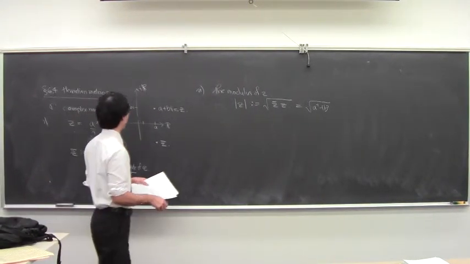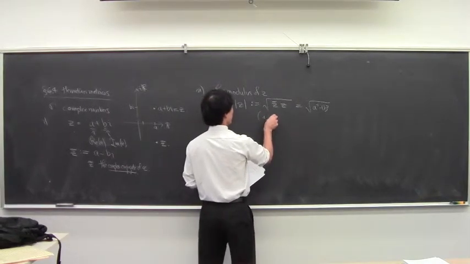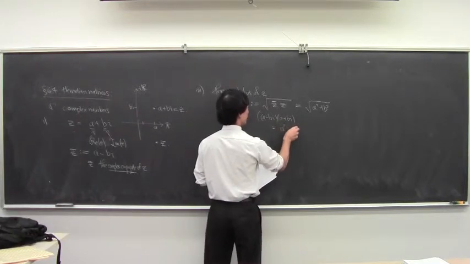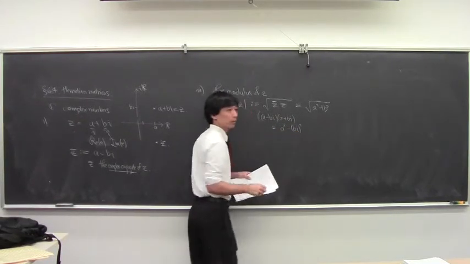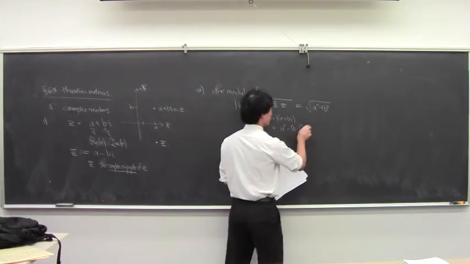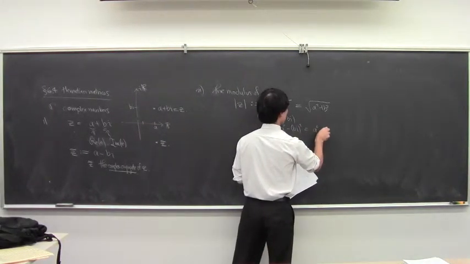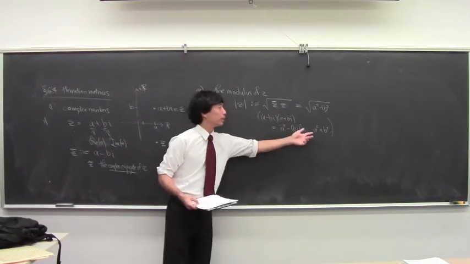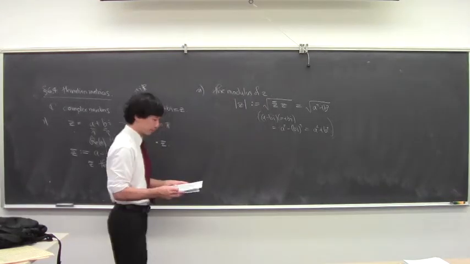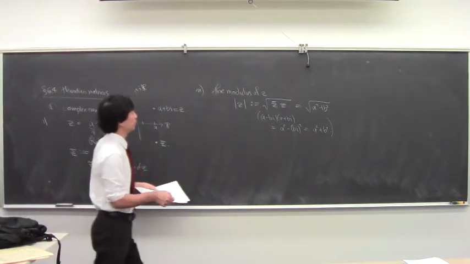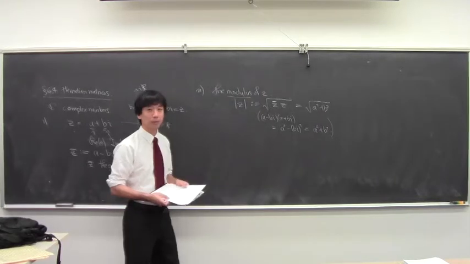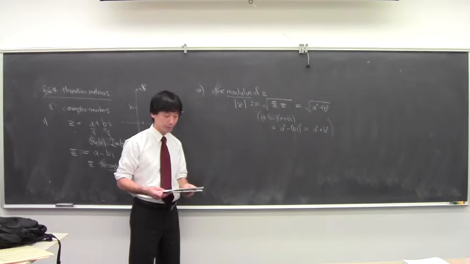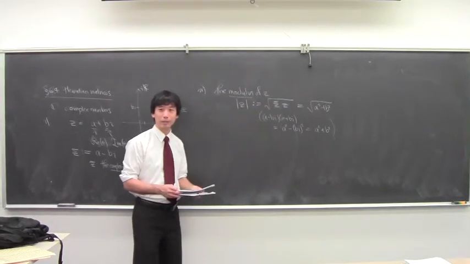Because you have a minus bi times a plus bi, so you get a squared minus (bi) squared, which is the same thing as a squared plus b squared. One calls this the norm, or the absolute value of z; when you're in the complex plane, one uses the term modulus, but it doesn't really matter. You can call it the absolute value if you feel like.